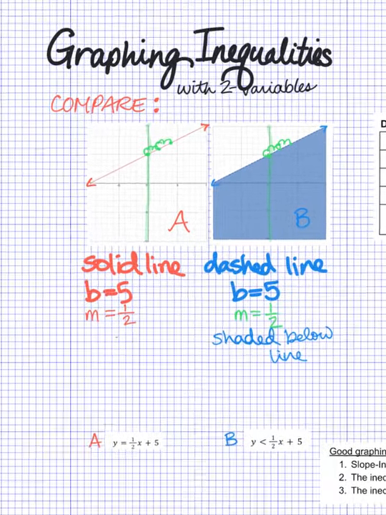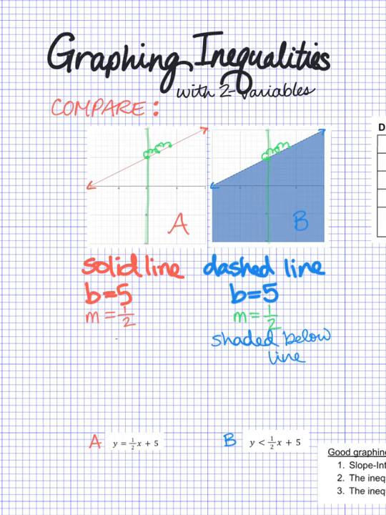And in fact, here are their written forms. So A is y equals 1/2 x plus 5, and B is y is less than 1/2 x plus 5. But you should notice that the slope and the y-intercept were the same.